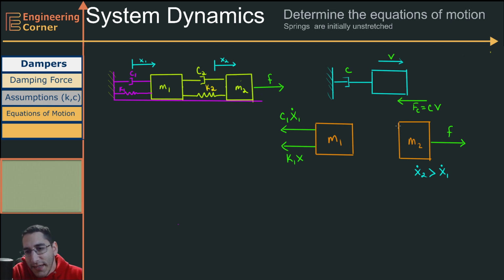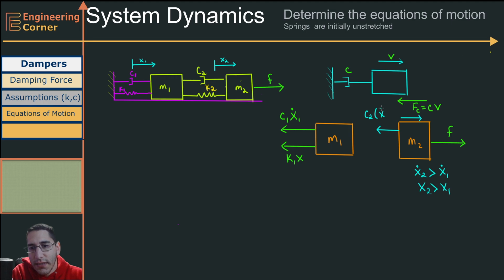So this block is going to be moving faster than m1, and we're going to say it moves farther than m1. So that means the damping force is going to oppose the motion in this direction. So this is going to be C2, and it's actually going to be the relative velocity.